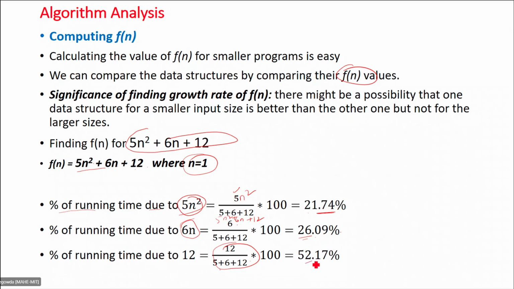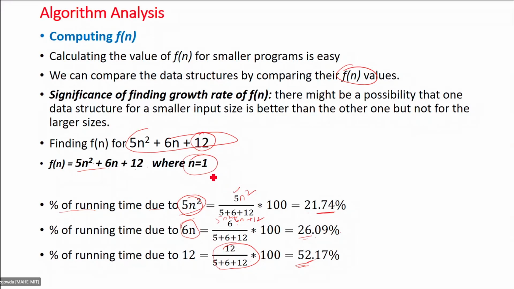It is 52.17% of the total time. From these calculations, it is observed that most of the time is taken by the constant term 12 here. 52.17% of the total time is taken by the constant term 12 only.